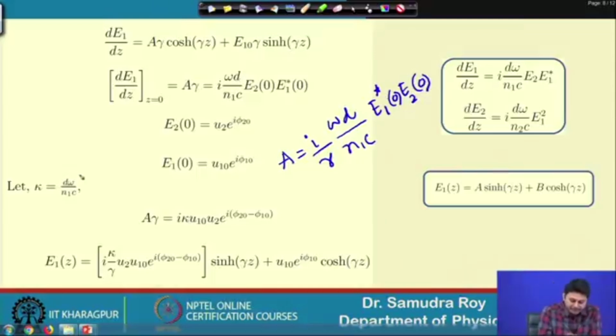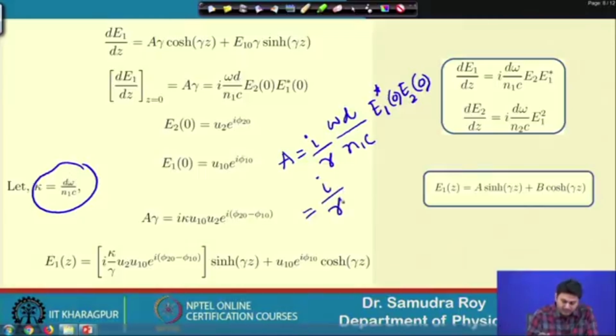Now, if we remember that kappa was d omega over n1 c, so if I put it, it is 1 divided by gamma into kappa, and if I use the phase amplitude term here, the phase amplitude term gives me U2 U10 e to the power of i phi 20 minus phi 10, which is these things.